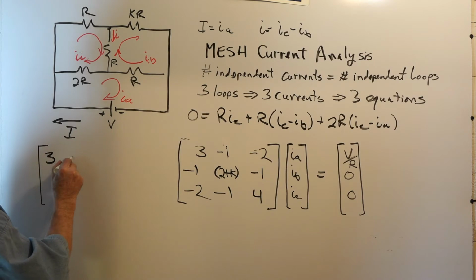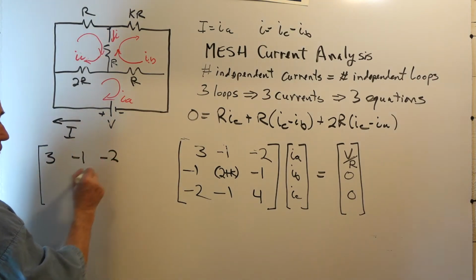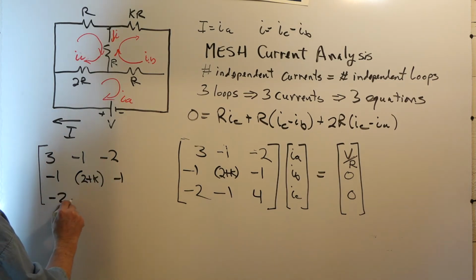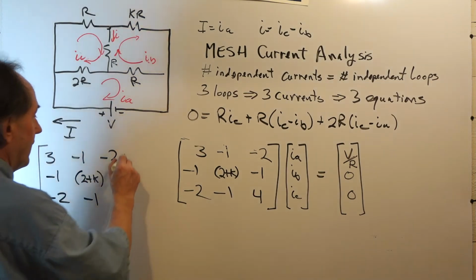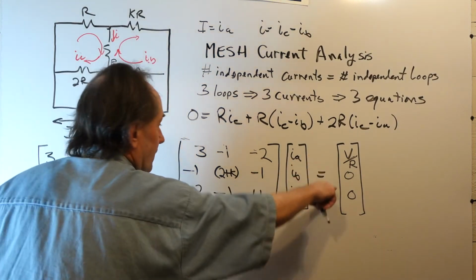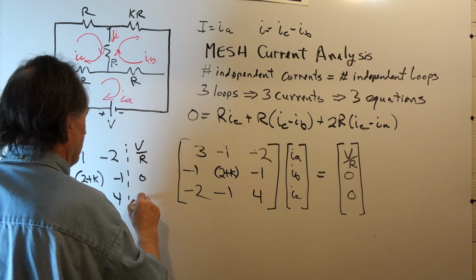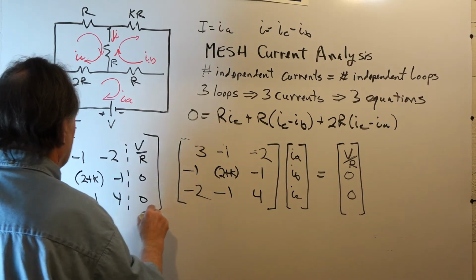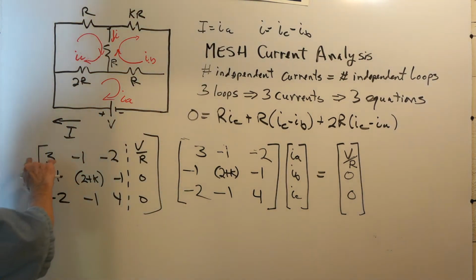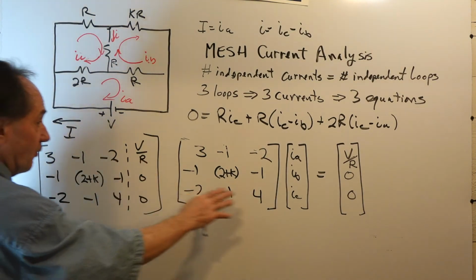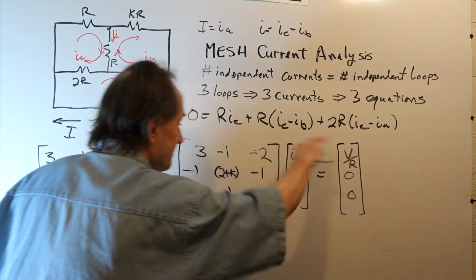So we've got 3, -1, -2, -1, 2 plus k, minus 1, minus 2, minus 1, 4, and then we put the values from the other matrix in there like that. So that reminds us that whatever operation we perform on this row, we're also performing on the corresponding row on this side.